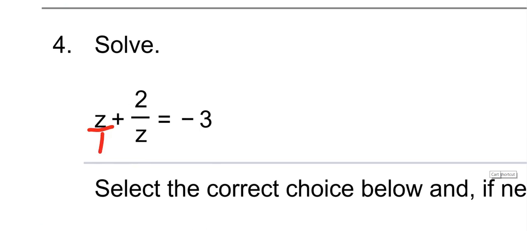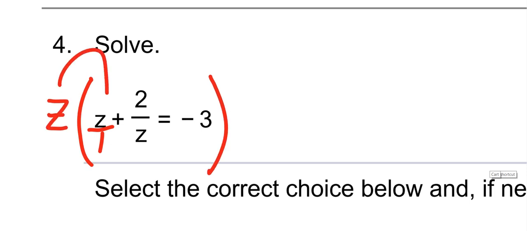Now that's z over 1. What's the common denominator that you need to multiply everything by? I got a vote for z. Do you agree or disagree? Yeah, I do. It is z. So multiply, multiply, multiply. What is z times z?